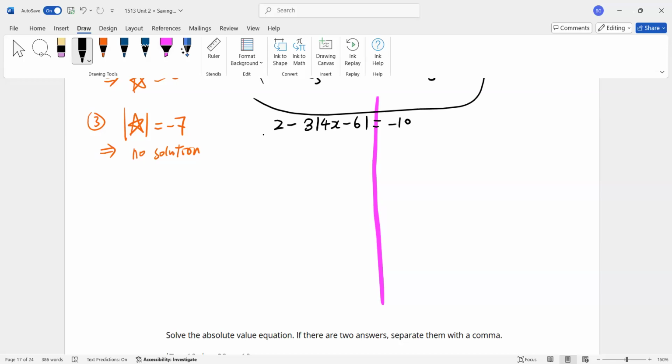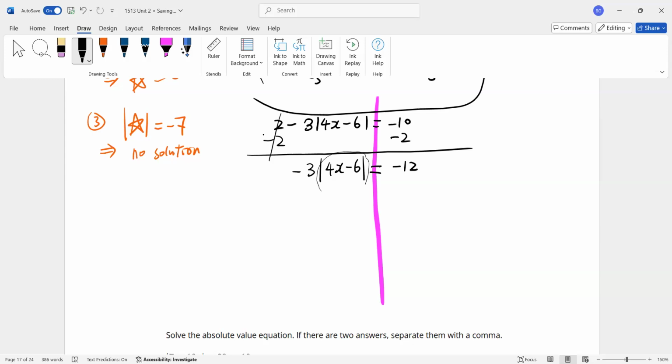And get rid of the 2, the furthest operation. 2 minus 2 is 0, right? Then we have -3 absolute value of 4x minus 6 equals, on the right side, -10 minus 2, -12, right? And then keep peeling the onion.